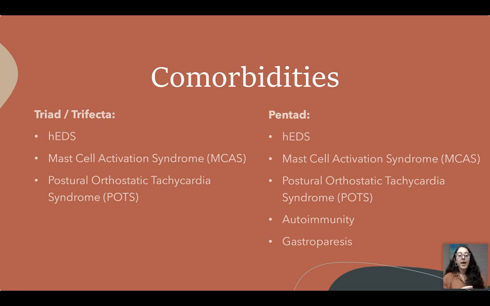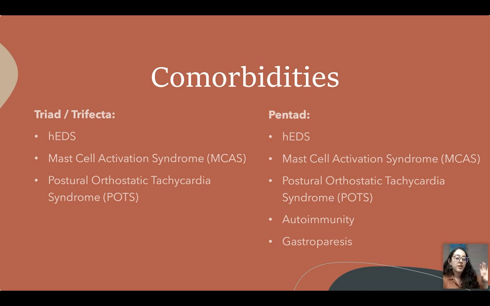So MCAS, for example, mast cell activation syndrome, in and of itself can cause pain, dizziness, allergic reactions, and urinary frequency and urgency. So when I'm looking at someone's symptoms, I'm also in the back of my mind wondering, is there something else going on that's helping to explain some of these symptoms?